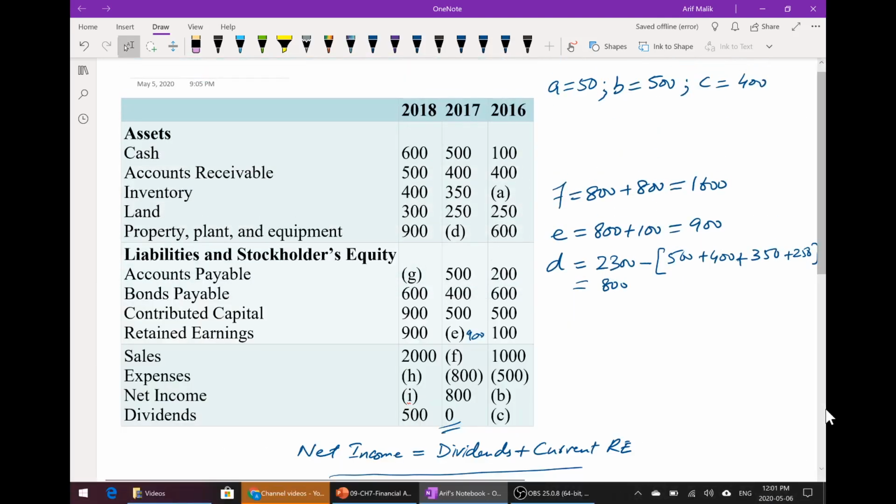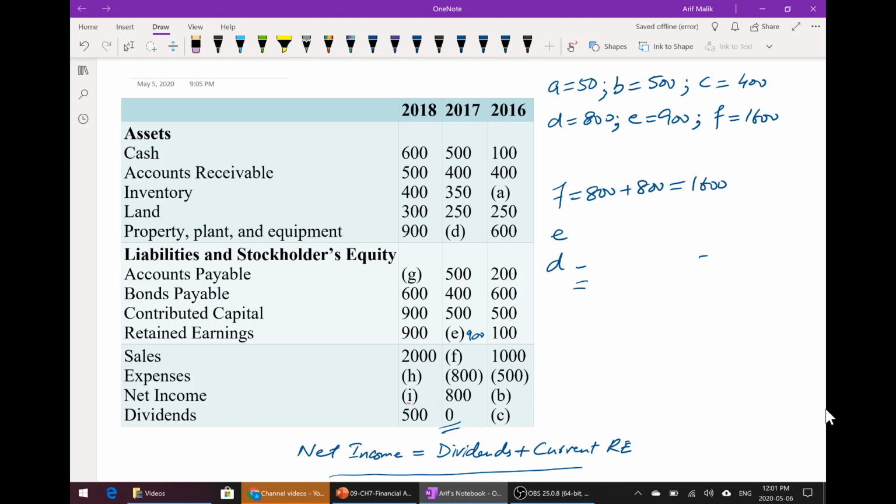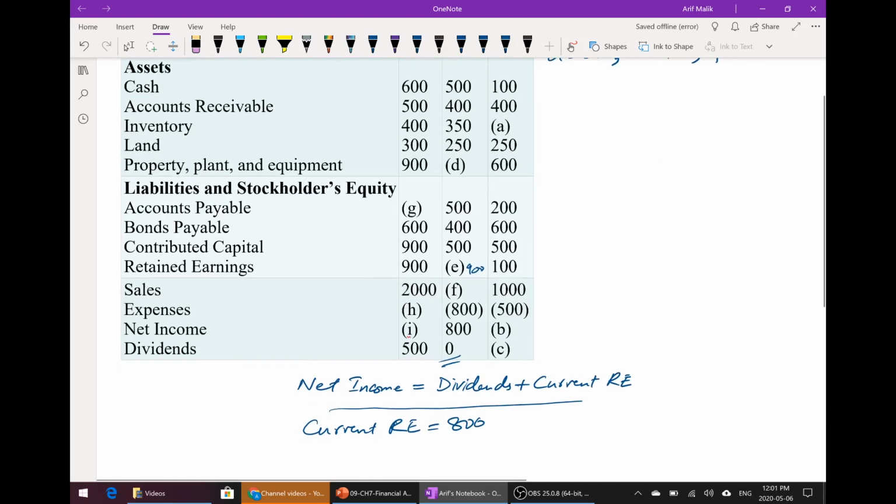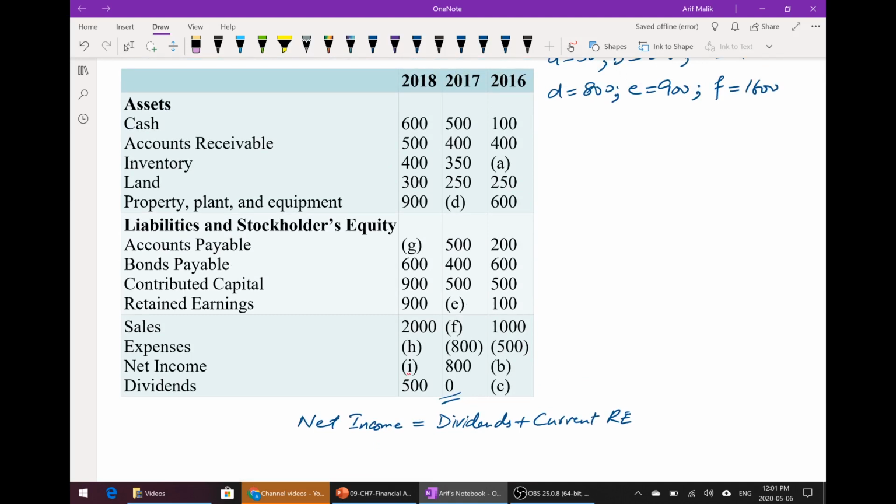We can write it down over here, D, E and F. D is equal to 800, E is equal to 900, and then F is equal to 1600. We can now remove that. And we can also remove this one as well. Okay, so now we go to, remove this one also.